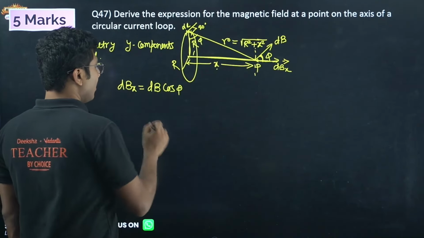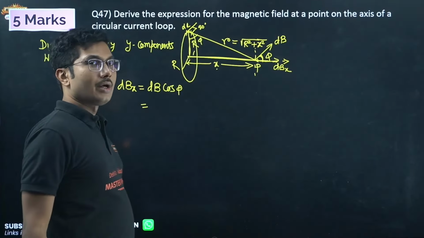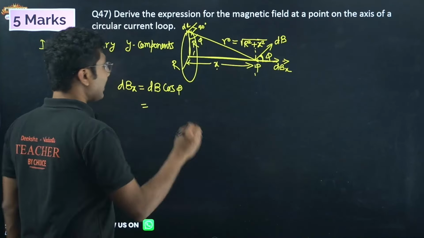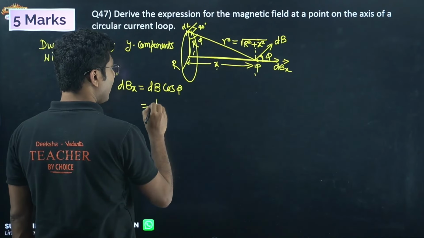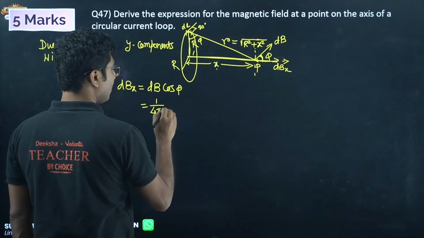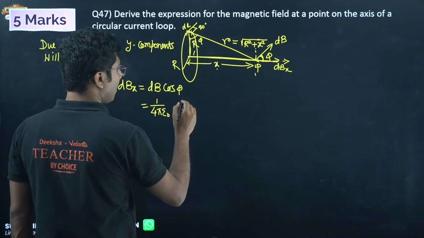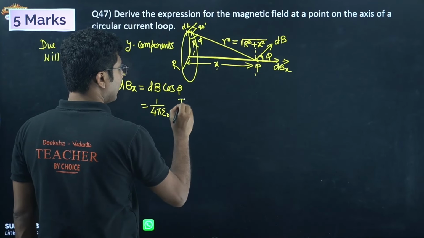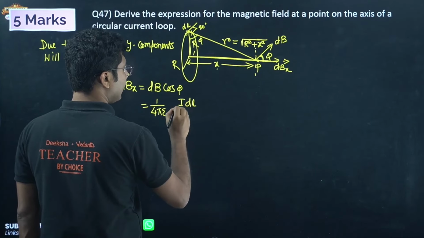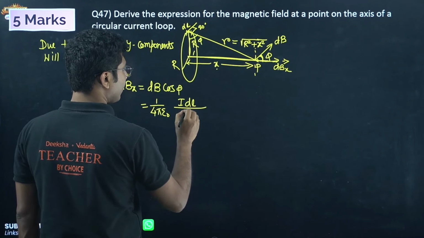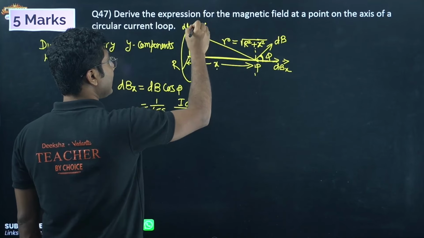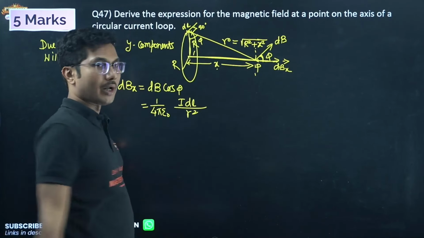Now what is dB? For that we have to go back to Biot-Savart's law, which states that the magnetic field due to an element is given by 1 by 4 pi epsilon naught, I dl sin theta divided by r squared. As I mentioned here, theta is 90 degrees, so sin theta is 1.